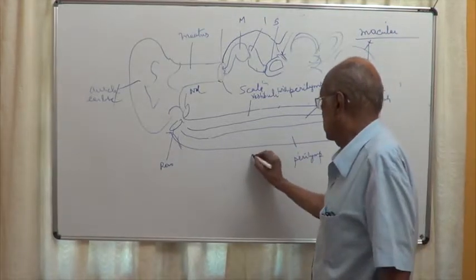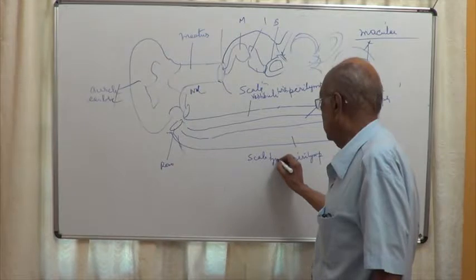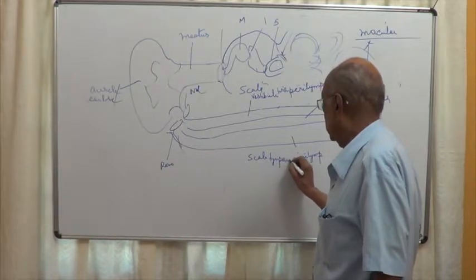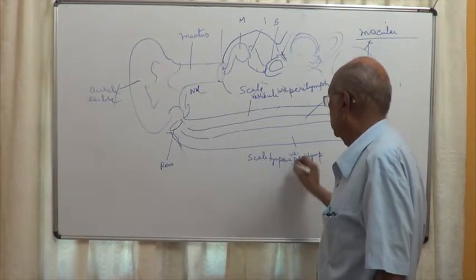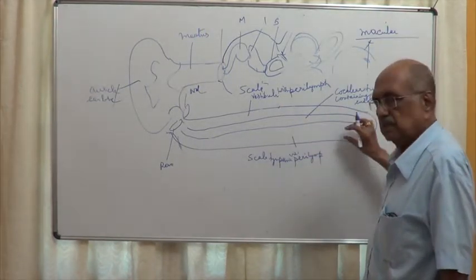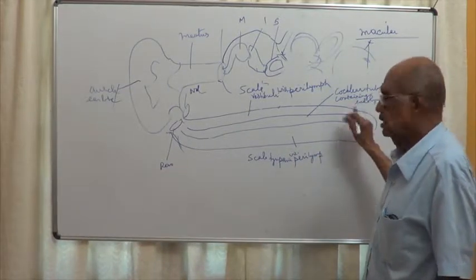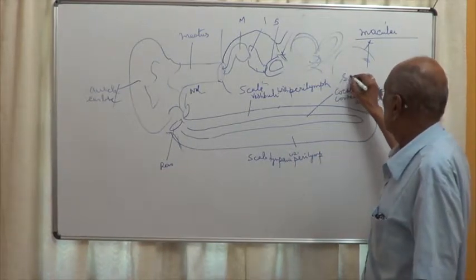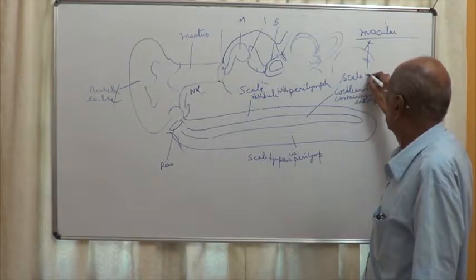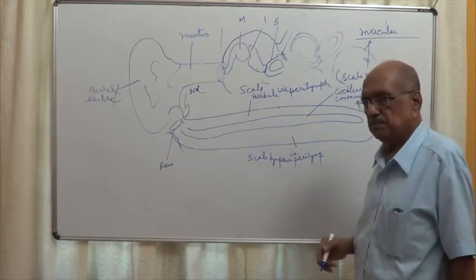This is scala tympani with perilymph. This is a tube, cochlear tube, scala media, the median cavity.